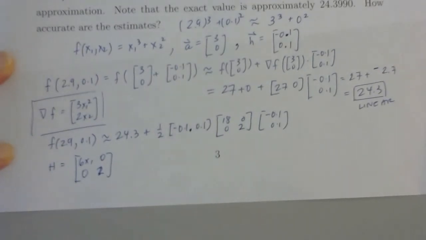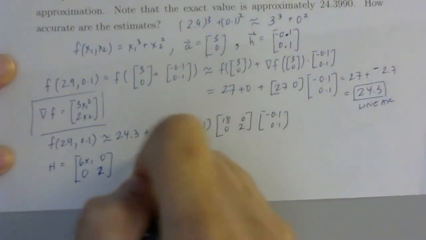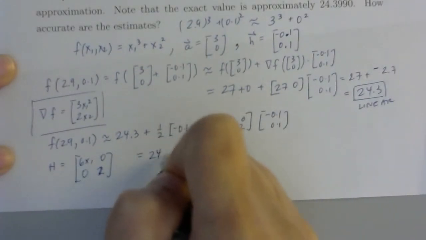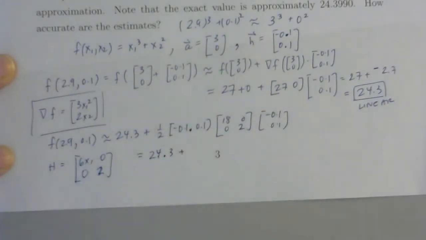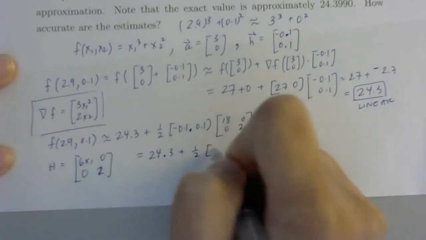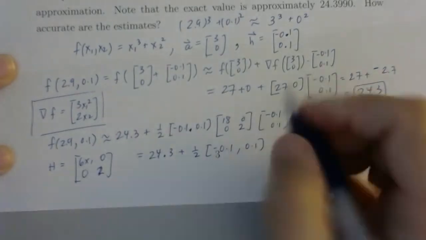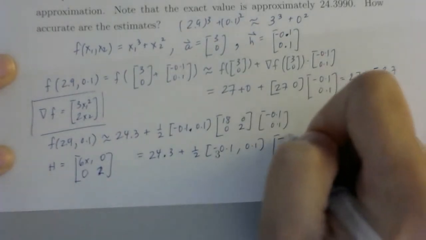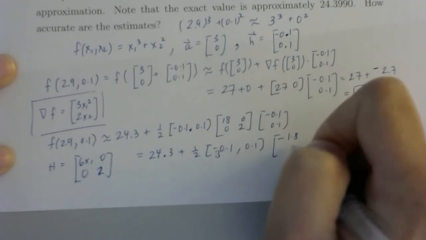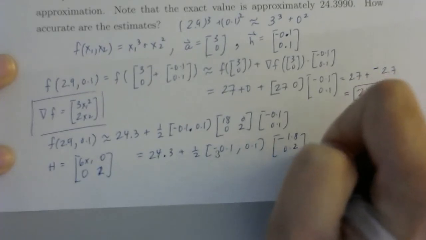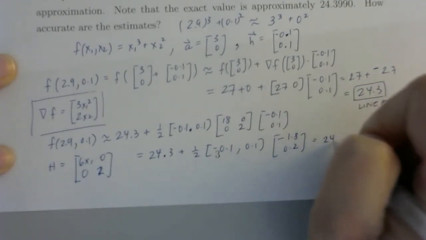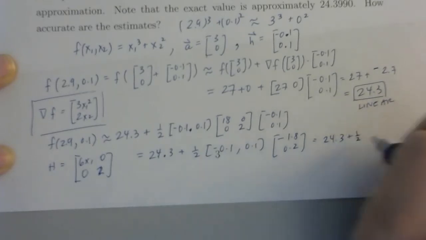And what do we get? We have this as 24.3, plus 1/2 of minus 0.1, 0.1 times minus 1.8, 0.2, which is 24.3 plus 1/2.